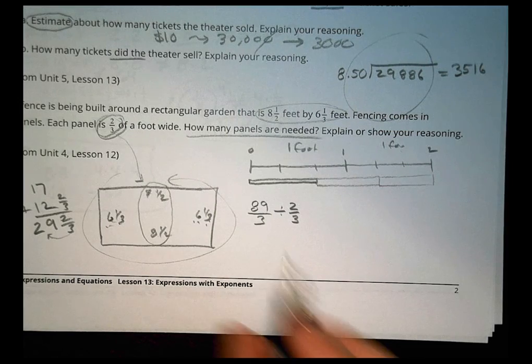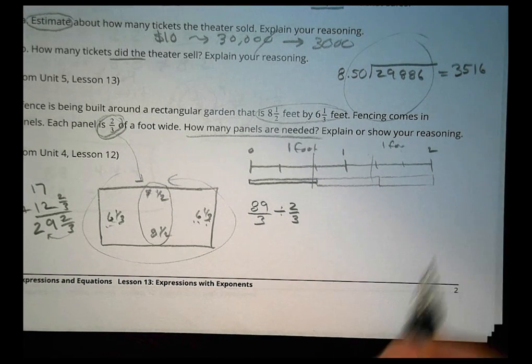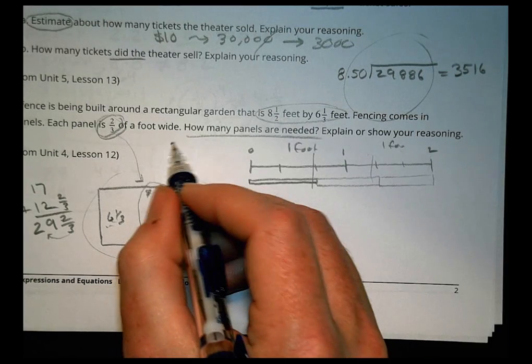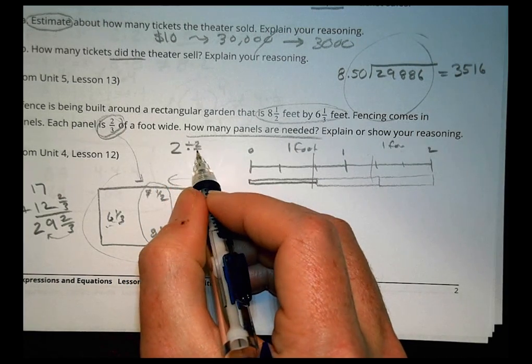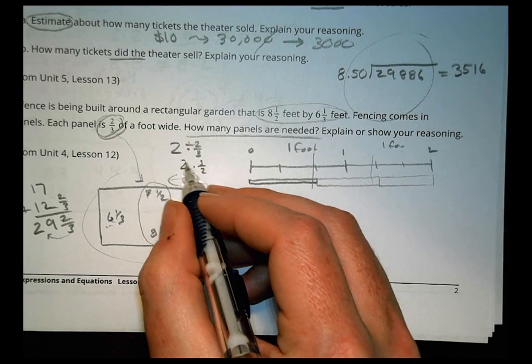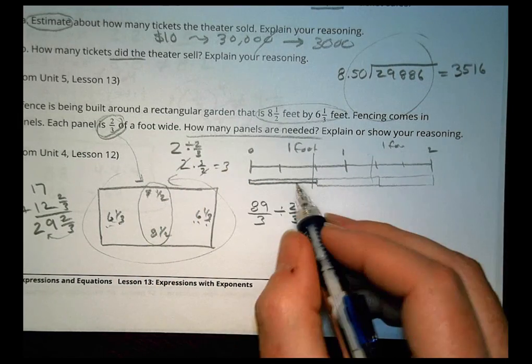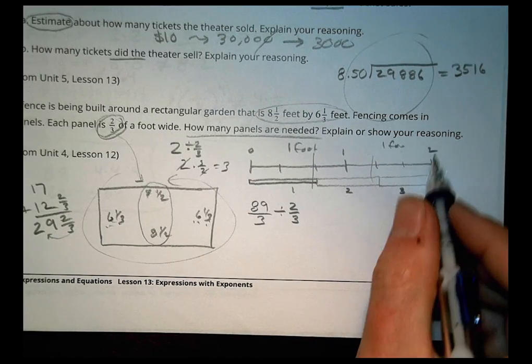I want to see how many 2/3 I can chop that length into, right? If I did 2 feet and I divided it by 2/3, that meant 2 times 3 over 2, and you multiply it out and we had 3, and we can see how we got 3 sections, or 3 panels in a 2-foot section.